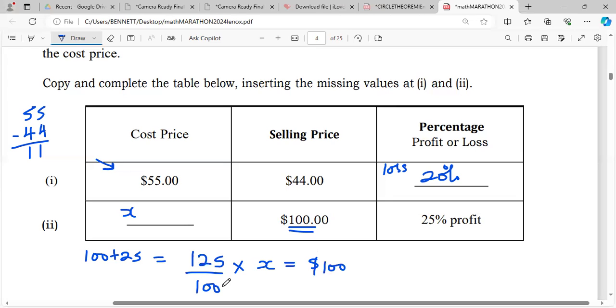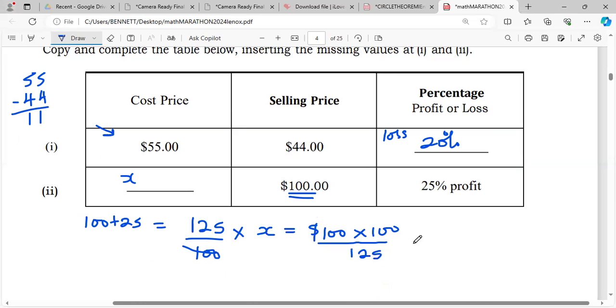We can transpose. This is being divided, so we can times it by 100, because you want to get X by itself. And then this is being timed, so we divide by this. And of course, this is 10,000.